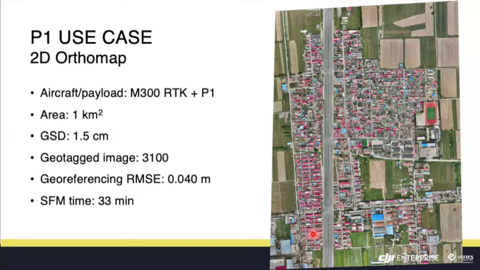For its GSD, it has 1.5 cm accuracy, and it only takes 33 minutes to make a 2D orthomap of this land area. That is one of the main uses of the Zenmuse P1.